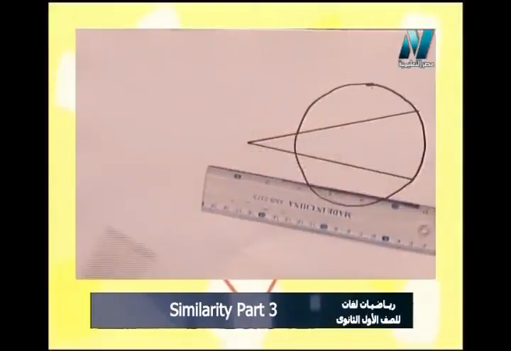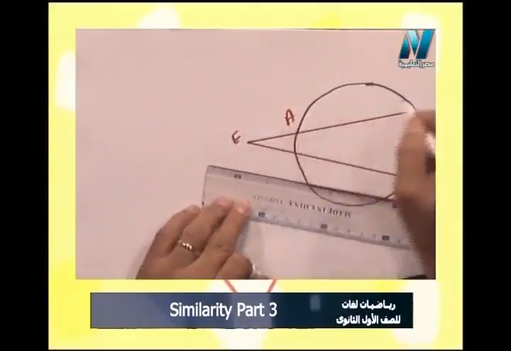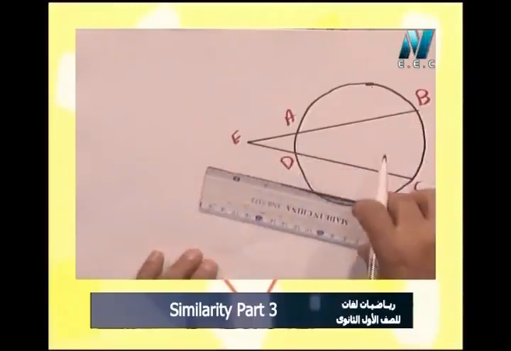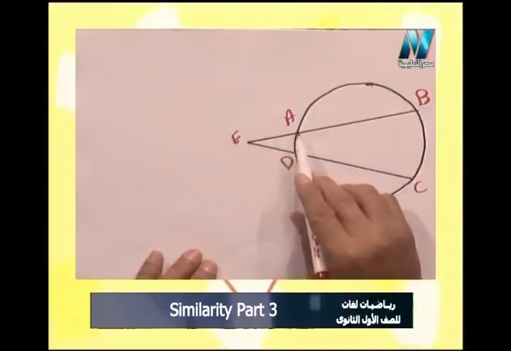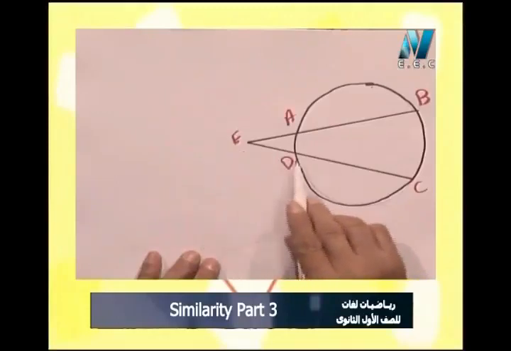We can call them EAB and EDC. And we have two parts here, EA and EB, and another two parts here, ED and EC.